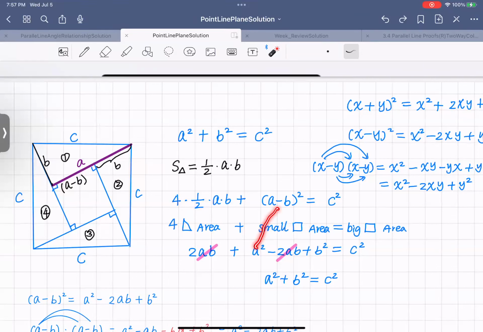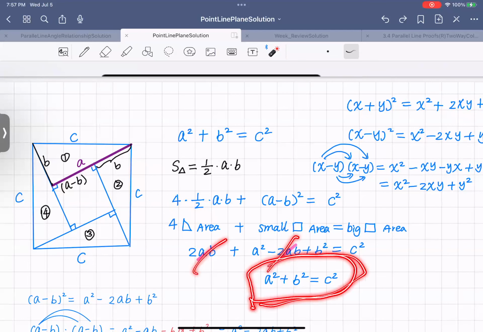And here is A squared minus 2AB plus B squared. This 4 area plus this equals this total big square area, which is C squared. So these two cancel, so you have A squared plus B squared equals C squared. Make sense? That's how we prove the Pythagorean theorem.